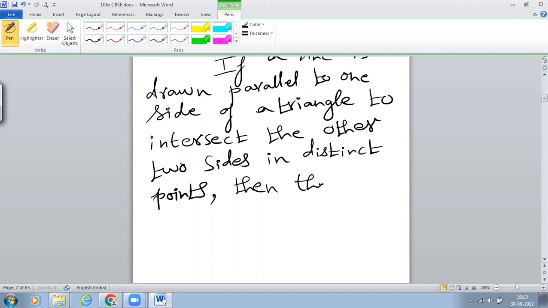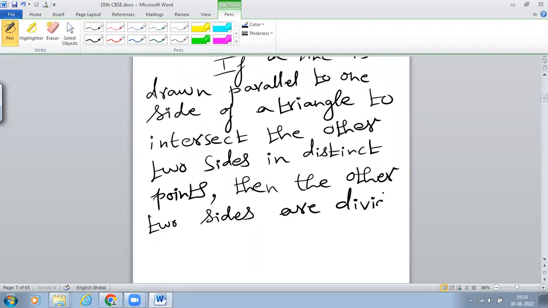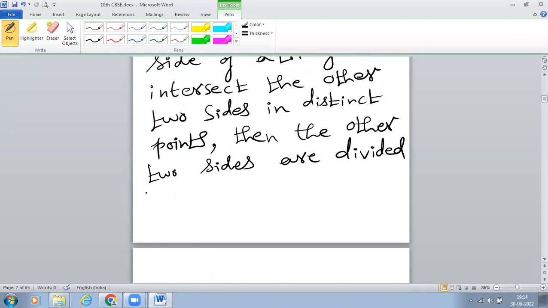Then the other two sides are divided in the same ratio. Okay, this is the statement of the theorem.